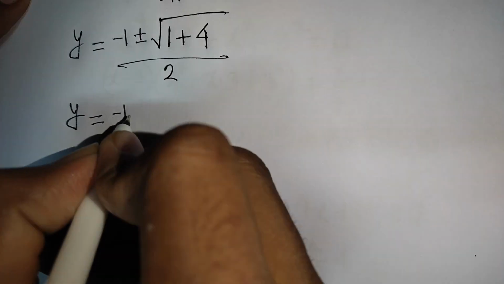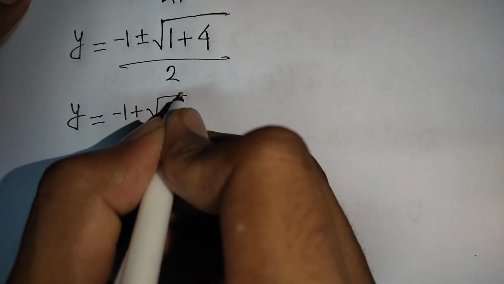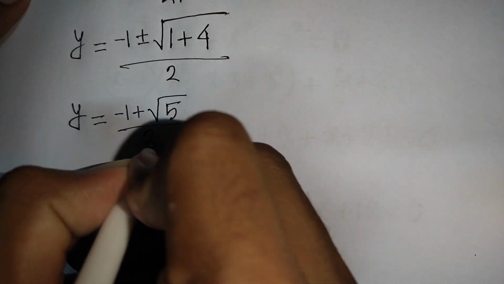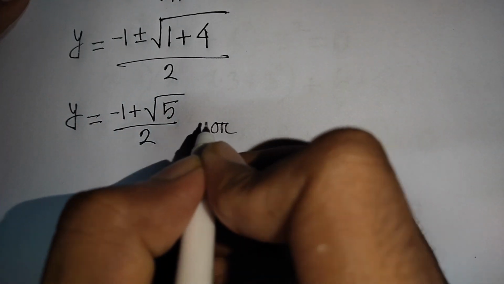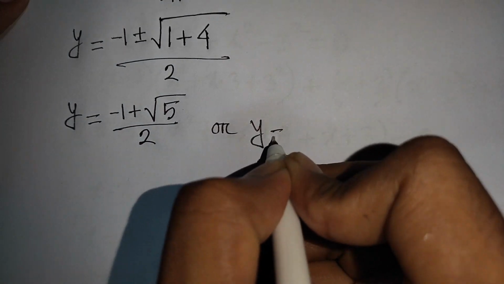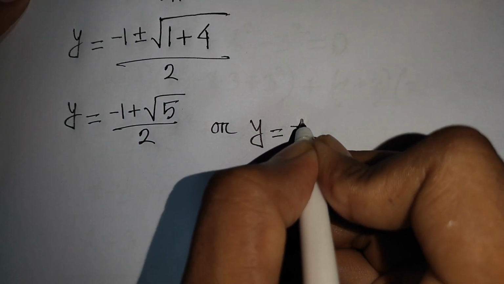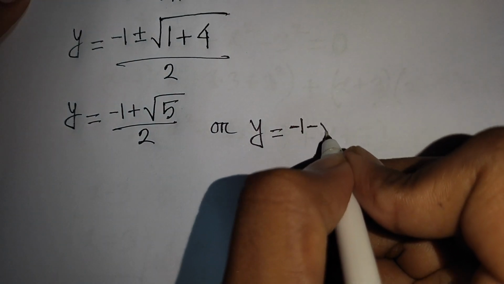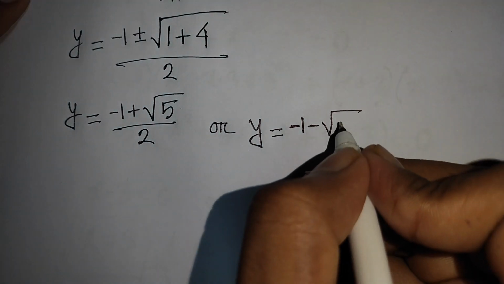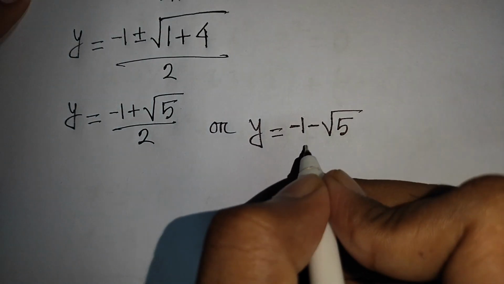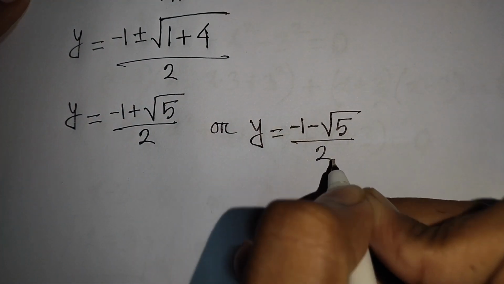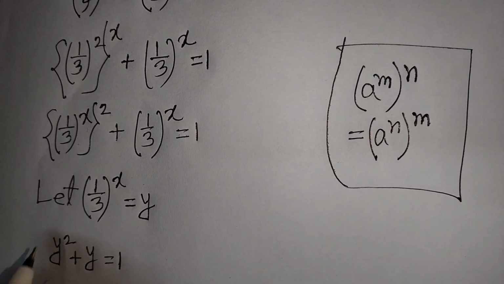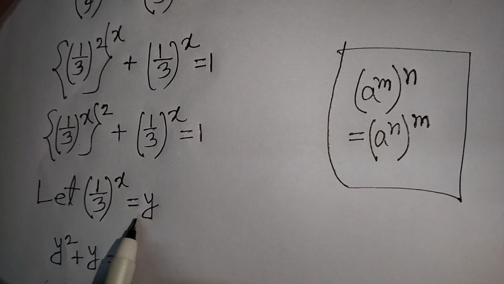Now I see here two cases, so you can write here y is equal to minus 1 plus the square root of 1 plus 4, that means 5, divided by 2, or y is equal to minus 1 minus the square root of 1 plus 4, that means 5, divided by 2. Now remember that we let (1 by 3) bracket power x be substituted by y.